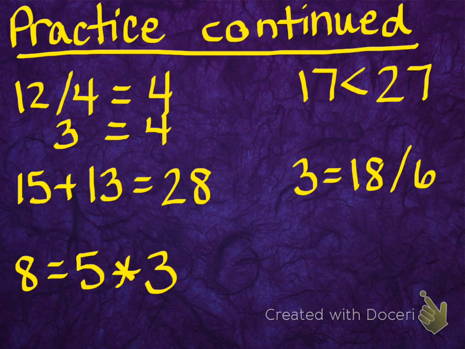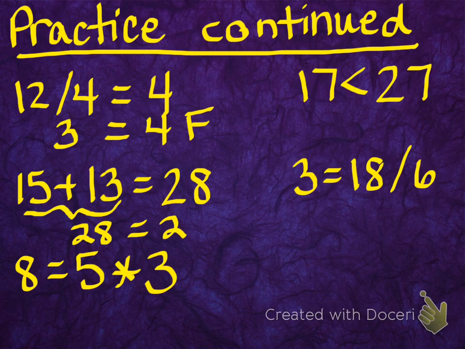Now, 3 does not equal 4, so this number sentence would be false. Okay, let's look at the next one. We have 15 plus 13 equals 28. So if I solve my 15 plus my 13 over here, I do get 28 equals 28. So this number sentence would be true.